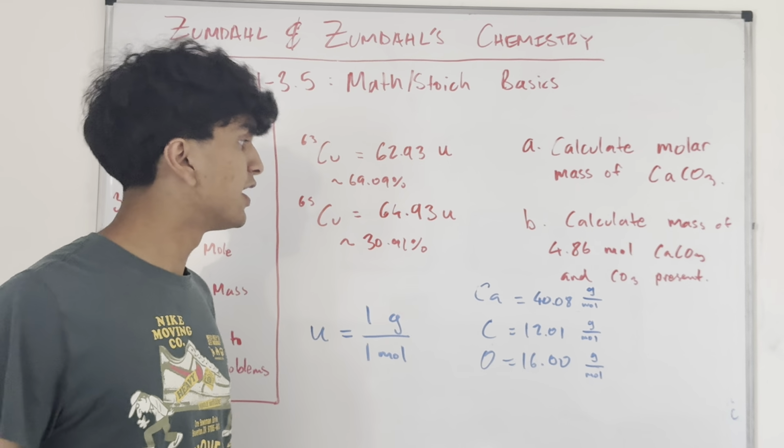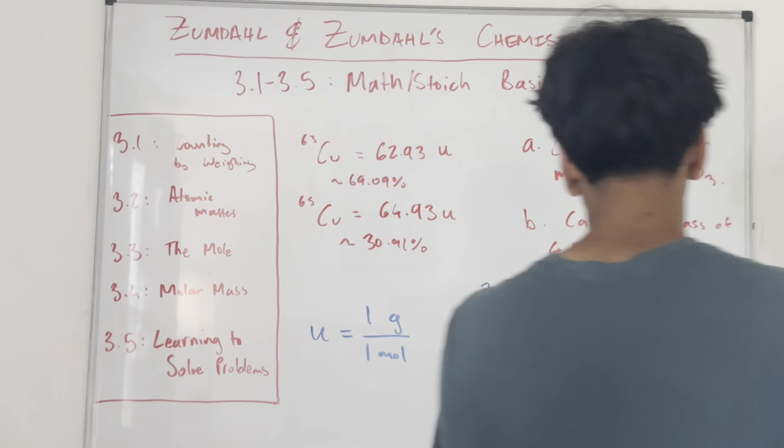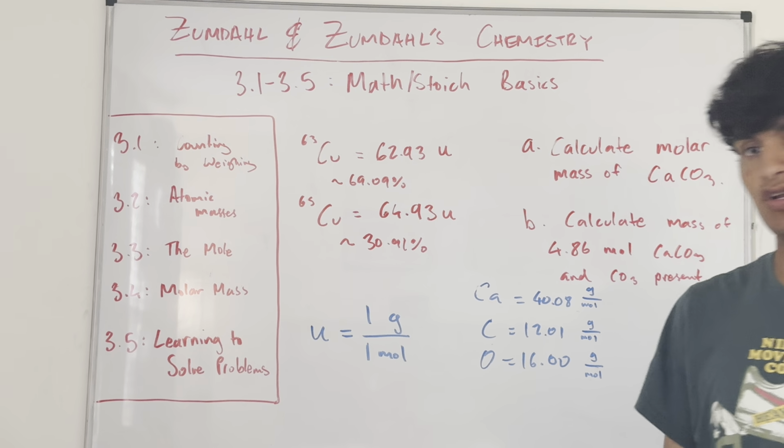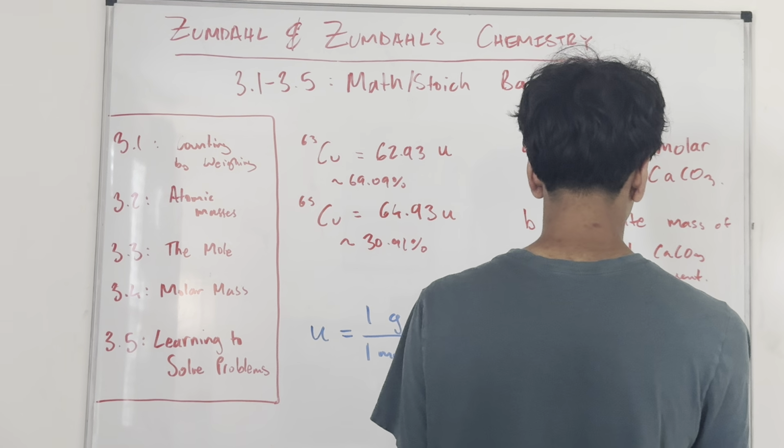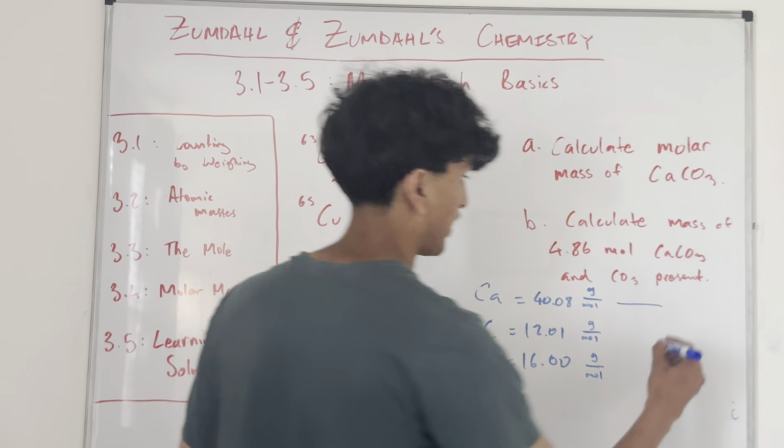It makes sense, but one way you can mathematically make sure of it is through something called dimensional analysis, where you're looking at the units. I want grams. That's the final result I want.